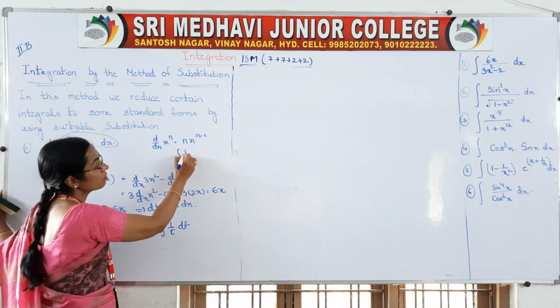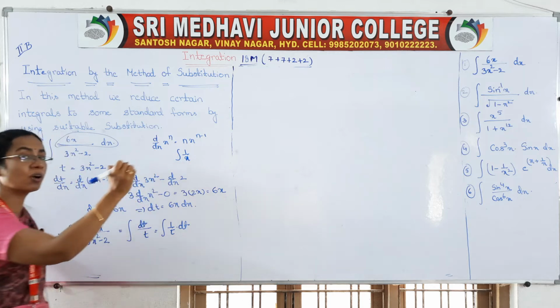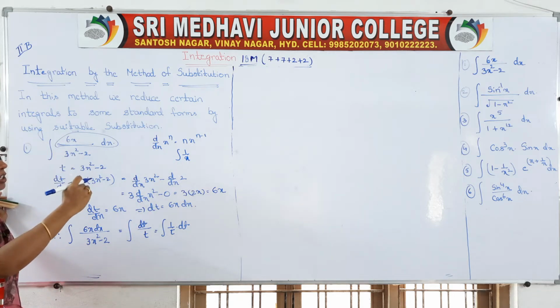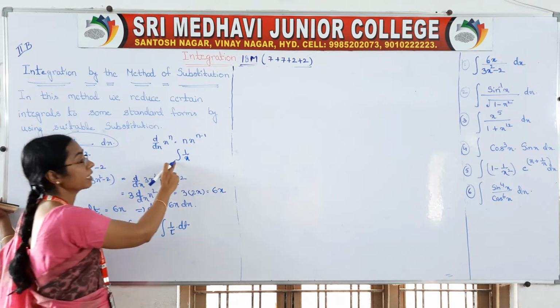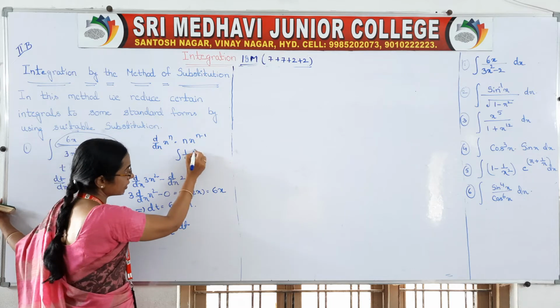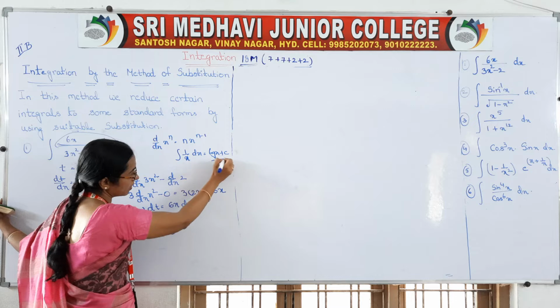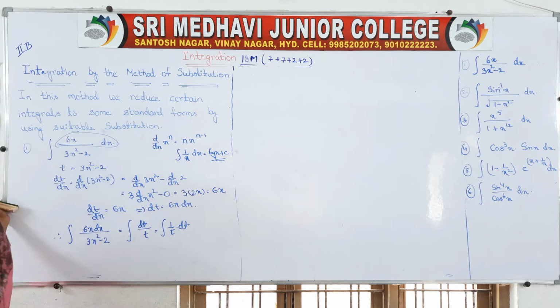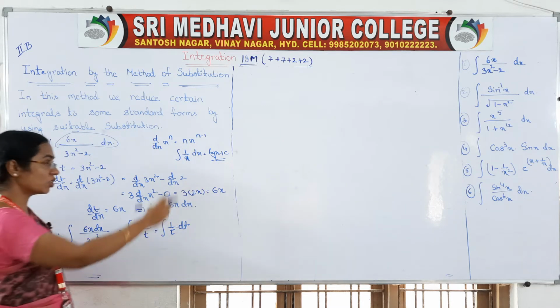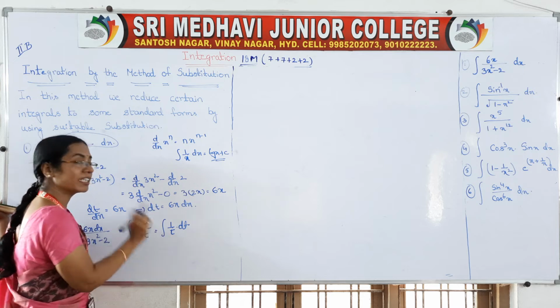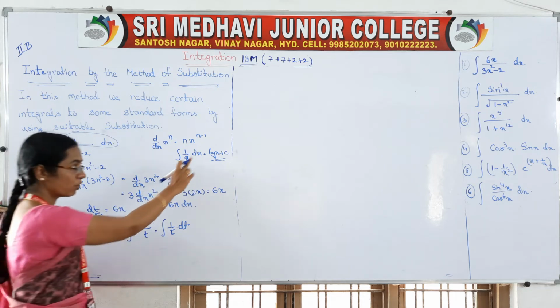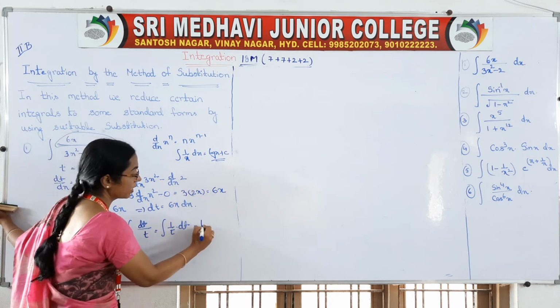What is the standard form? At the end of the problem, we will get the problem into our standard formulae. The integral of 1 by x dx is equal to log x plus c, the standard integral formula. Instead of x, we are having t. So in the formula, instead of x, we take t.